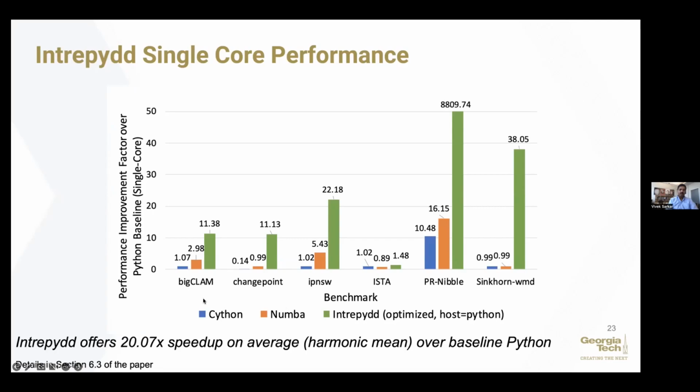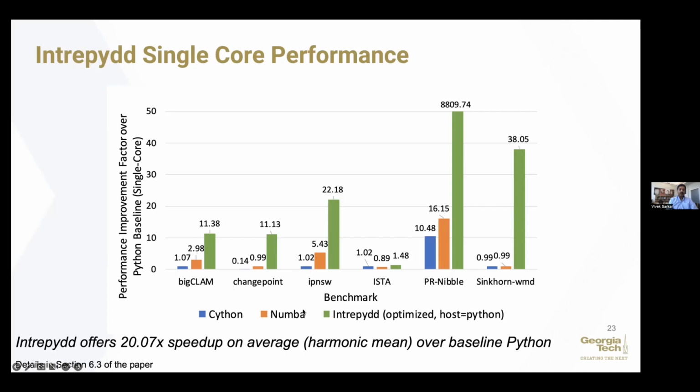There are two other toolchains that can provide optimized compilation for Python. One is Cython, which has been an early project to translate Python to C. So that's the blue bar. And you can see how, depending on the benchmark, it's sometimes an improvement, but in some cases, even a degradation by a factor of between 7 to 8, because it's down to 0.14.